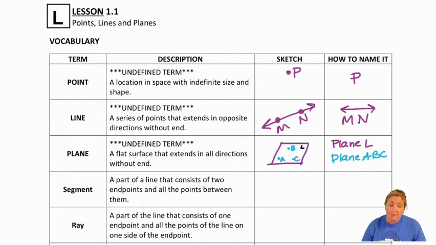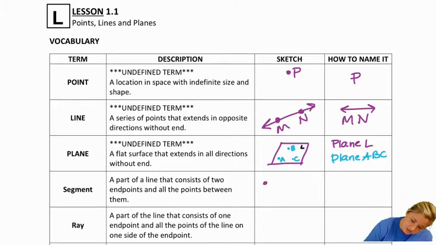A segment is a part of a line that consists of two endpoints and all the points in between them. So there's an infinite amount of points on a line, but typically you see a line segment with a few different points.